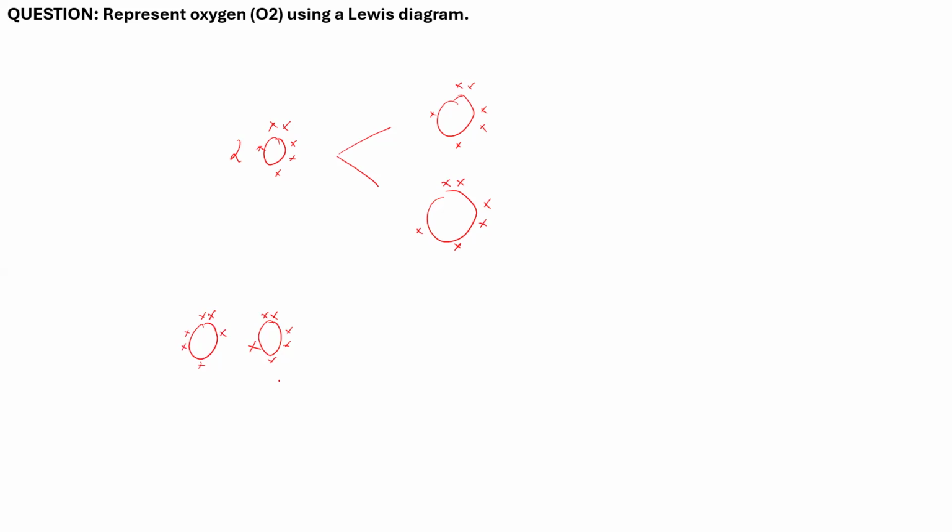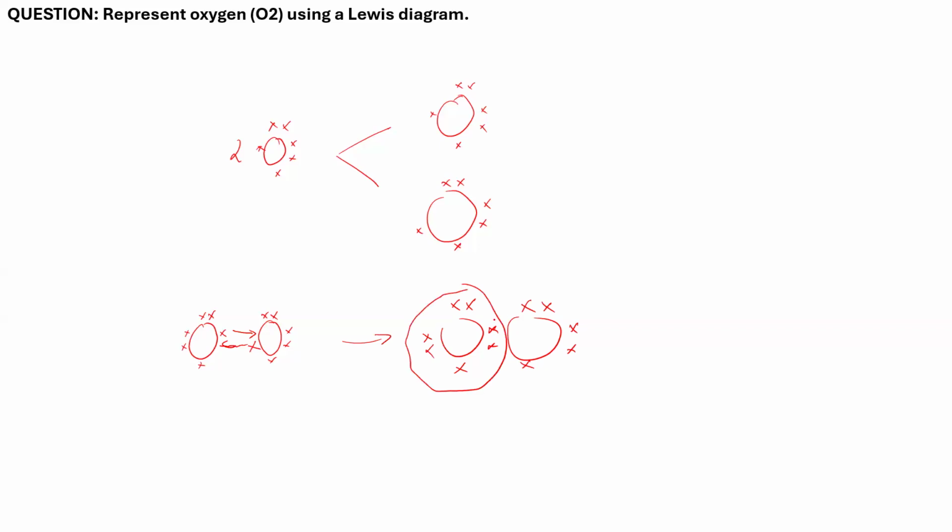Now having a look at this, if I say this oxygen will share its electron with this one, and this oxygen will share its electron with that one, our result will look like this. Now let's count the number of electrons surrounding this oxygen.